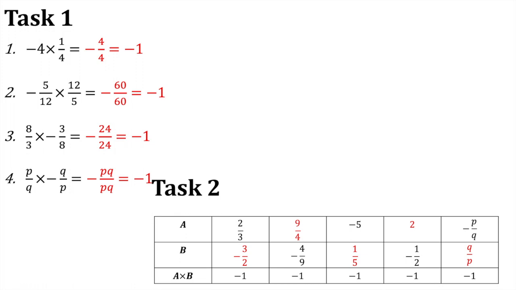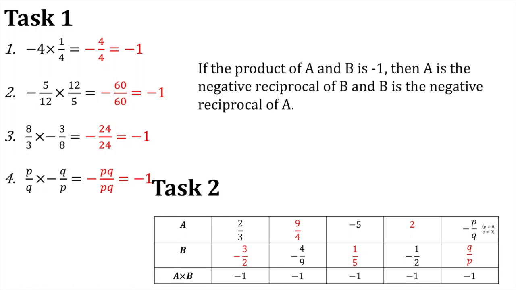You're starting to see some sort of pattern developing here with what we're doing. So if the product of A and B is -1, which for all the questions we've done so far is the case, then A is said to be the negative reciprocal of B, and B is the negative reciprocal of A.